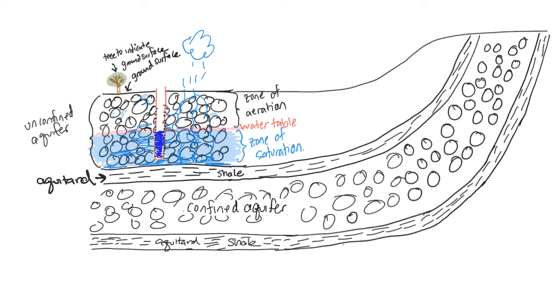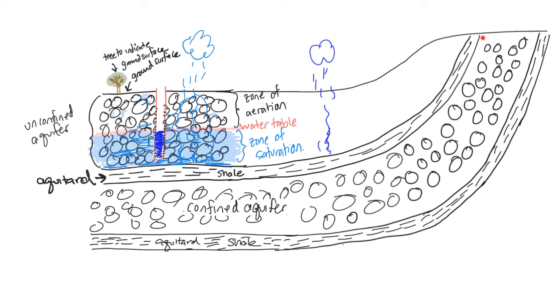So what this means is that basically water that falls on the ground here is going to infiltrate into our unconfined aquifer here, but it will not get into the confined aquifer here. The only place where water can get into our confined aquifer is this one little section where it is in contact with the surface.